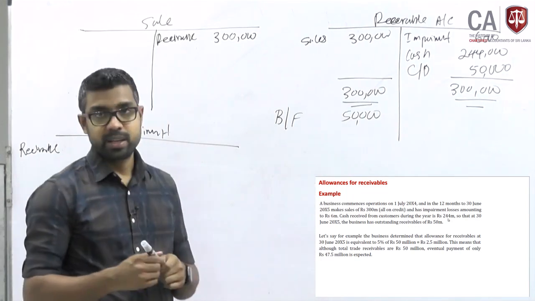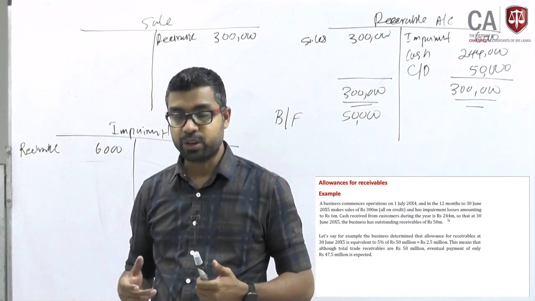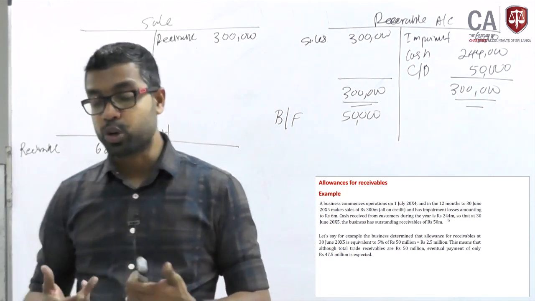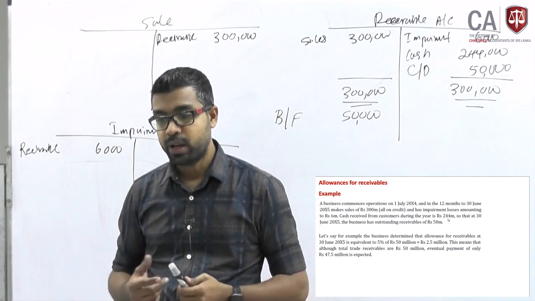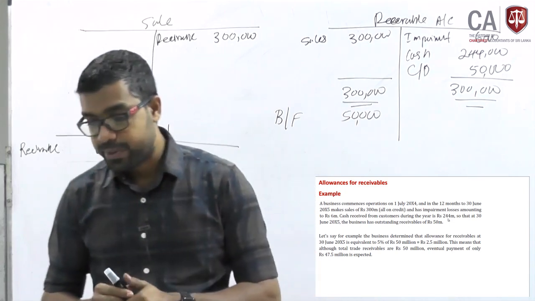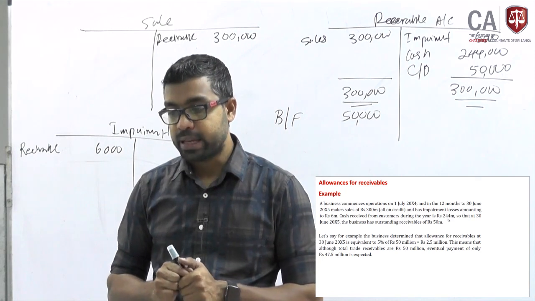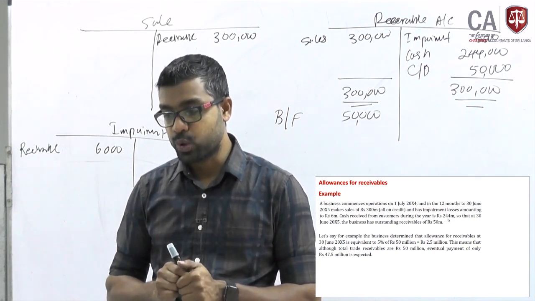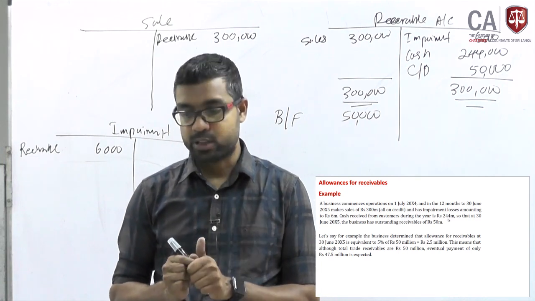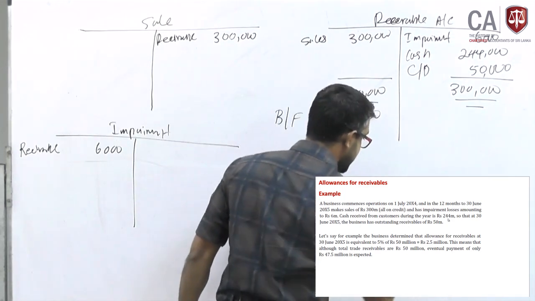Out of that, you are expecting 5% unlikely to be collected, right? Therefore, 5% you have to identify as allowance for receivable. This means although total receivable balance is 50 million, eventual payment only 47.5 expected, right? Fine. So another account you have to open, which is called allowance for receivable.